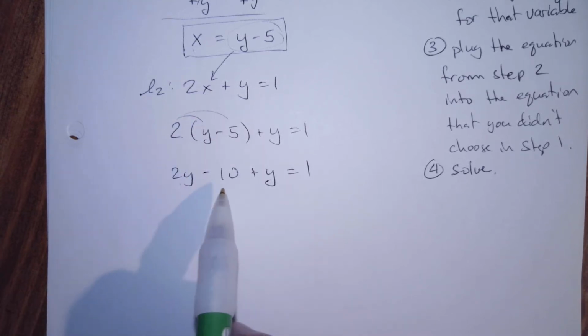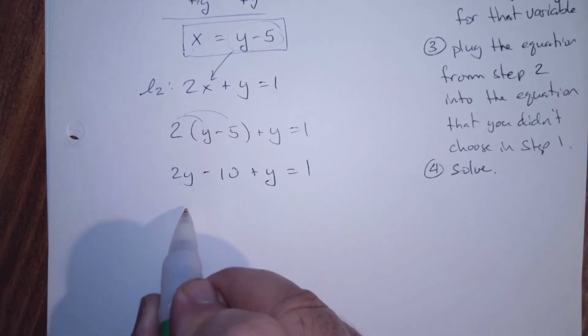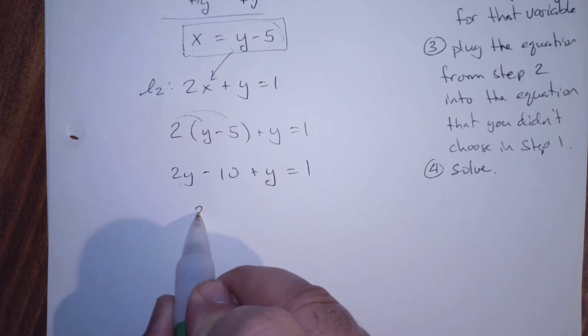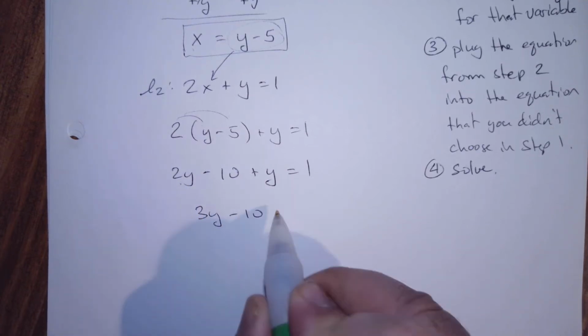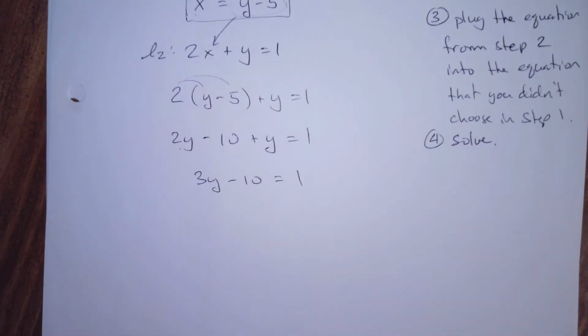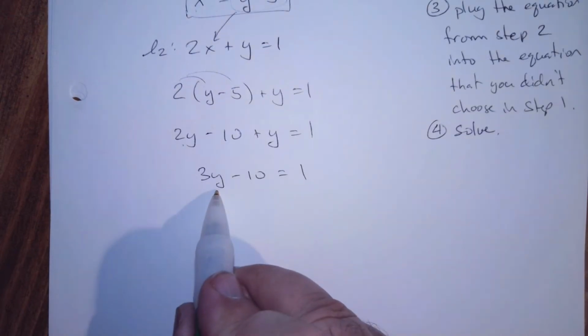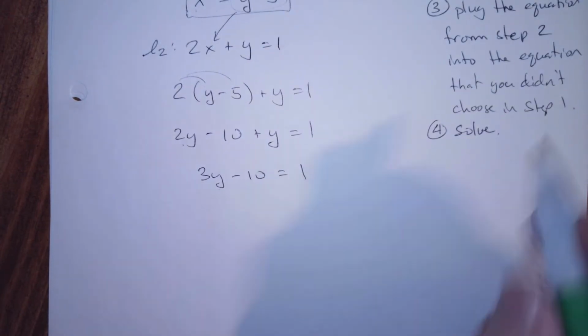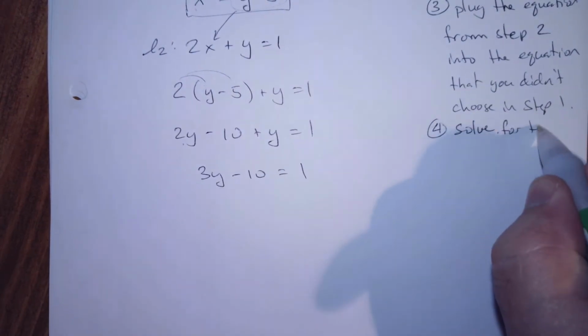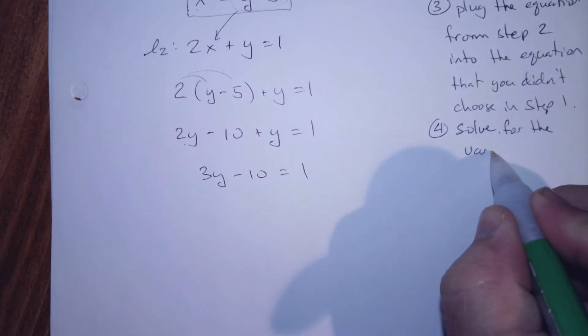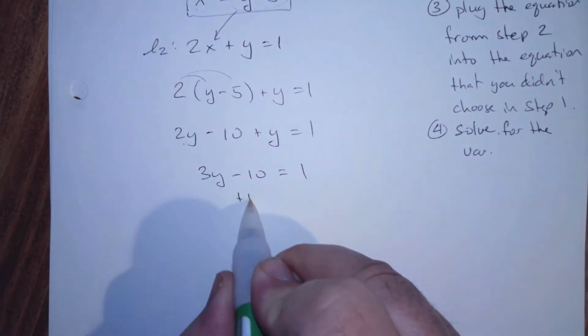Now I distribute to get rid of the parentheses. Combine like terms. 2y plus 1y is 3y. So now solve for that. I'm solving for y, so I add 10 to both sides.